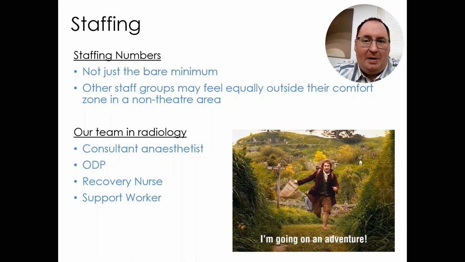She's been instrumental in a lot of the QI projects that have gone on there, and in supporting other ODPs working in our environment as well. So from the outset, a very small group of people is very useful in order to create protocols, see how things work, and get an idea about what can be done and what can't be done safely.